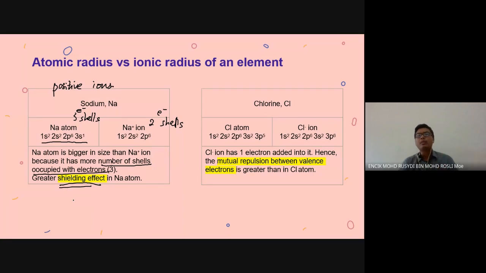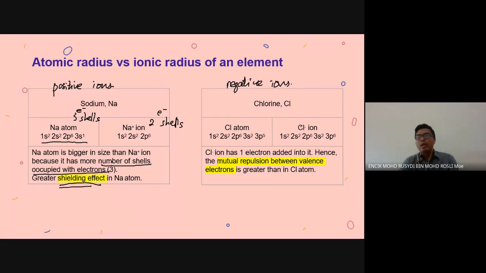Okay. Meanwhile for chlorine pula, ini untuk all negative ions. Okay, so negative ions dekat sini yang beza. So apa yang kita akan tengok dekat sini pula, kita tengok chlorine atom punya electronic configuration. We have 1s2, 2s2, 2p6, 3s2, 3p5.